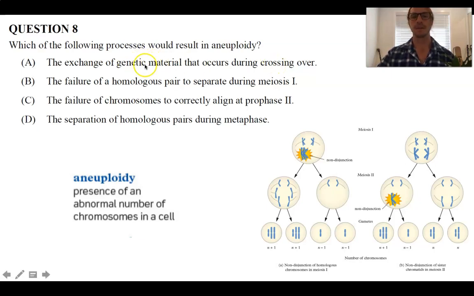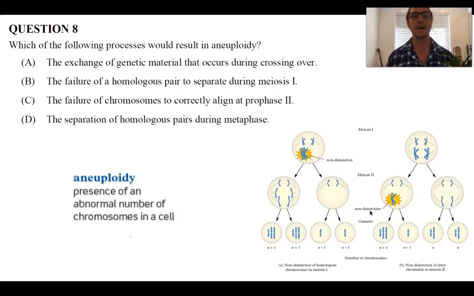Well, crossing over does result in variation, but aneuploidy specifically results from non-disjunction. So crossing over isn't going to cause that. It may cause inversion or other kinds of chromosomal changes, but not non-disjunction.